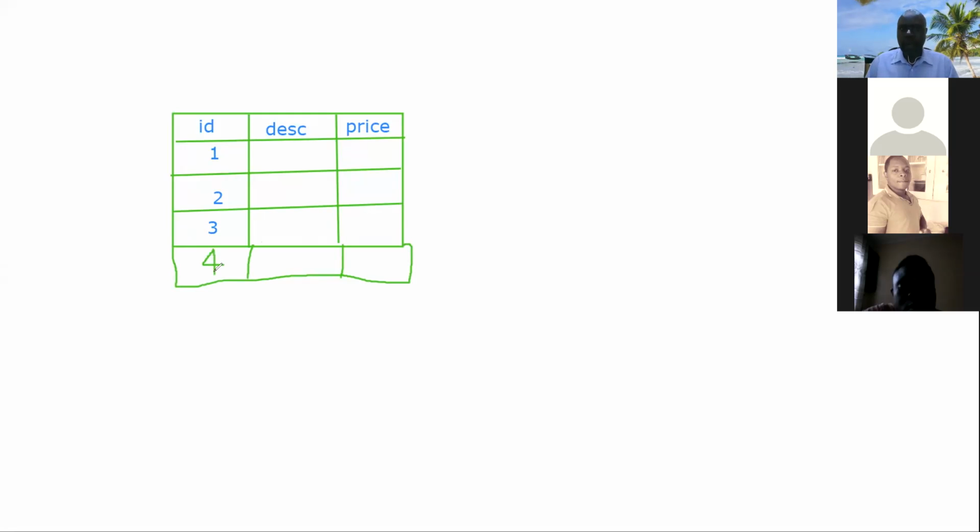If you are deleting or updating, for example, the first column has values, and we want to set the price of the product with ID number 2 to maybe 9.5. Let me just use the text. My handwriting is terrible.